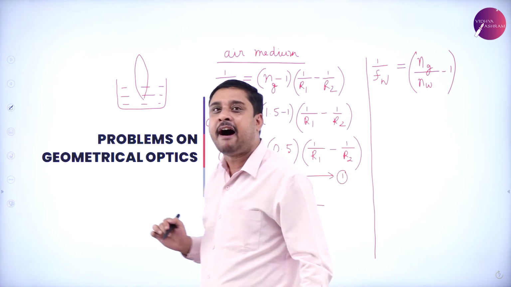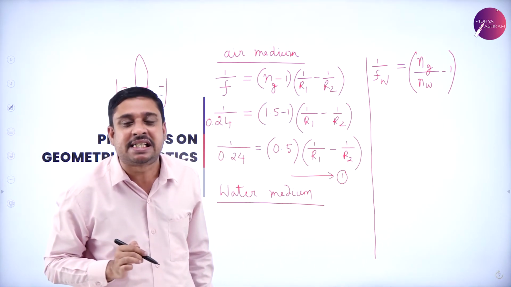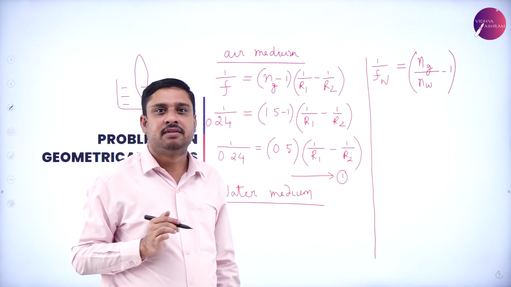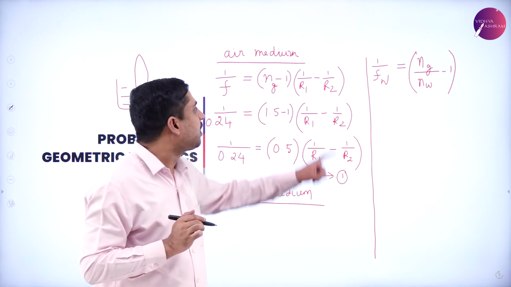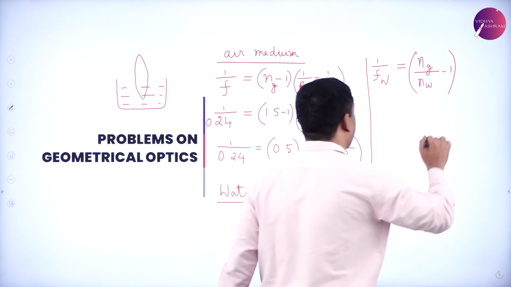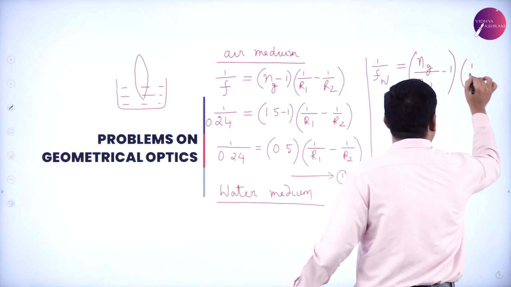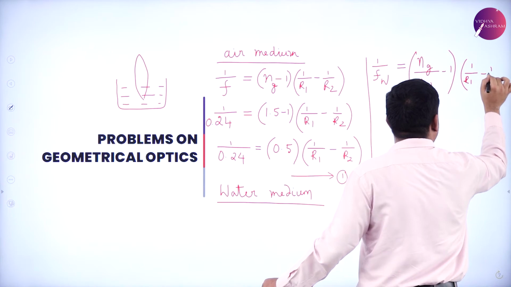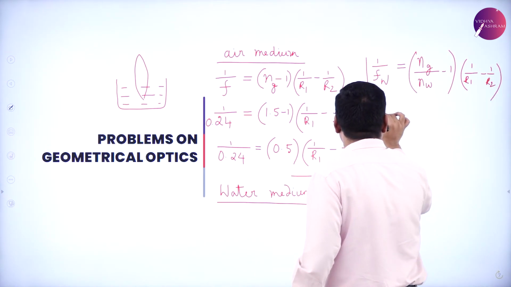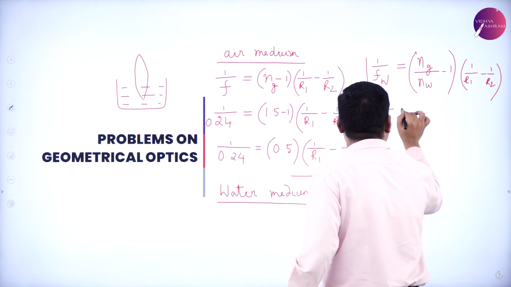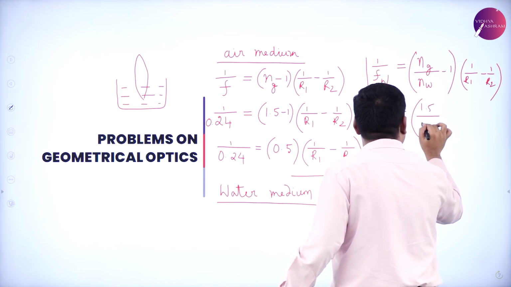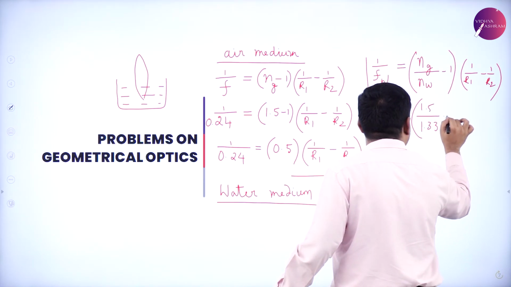Since the lens which is made of glass is immersed in water, 1 by Fw equals (Ng by Nw minus 1) into (1 by R1 minus 1 by R2), which is (1.5 by 1.33 minus 1).